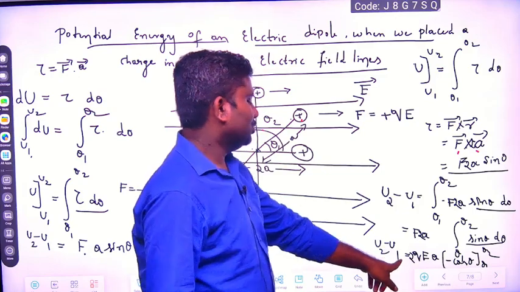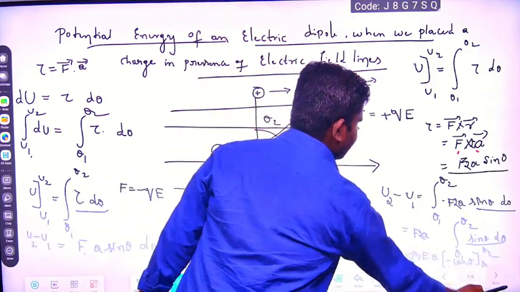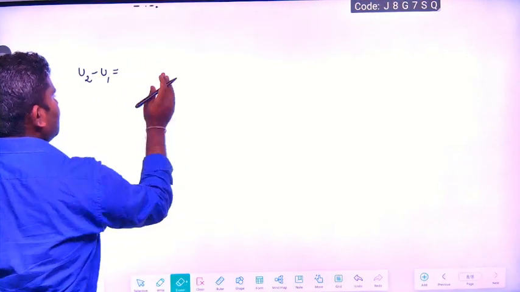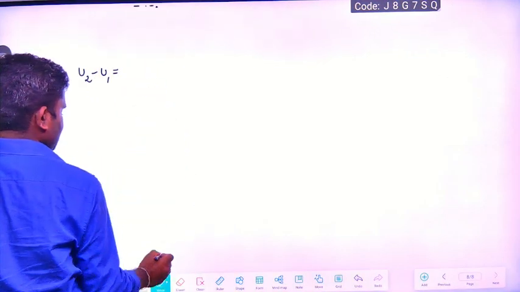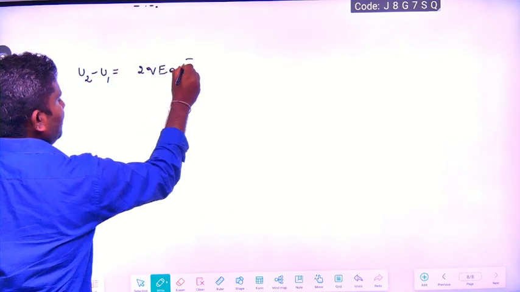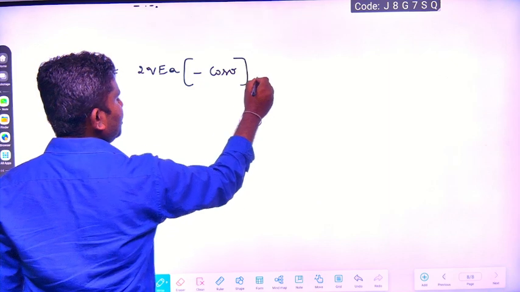What you got is 2QEA, correct? Now you see, 2QEA times minus cos theta from theta 1 to theta 2.